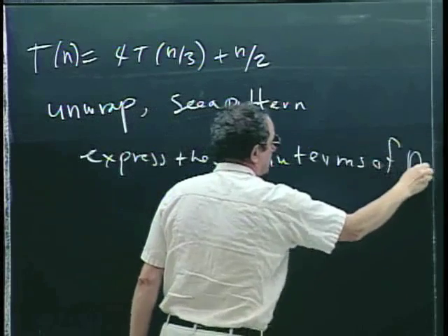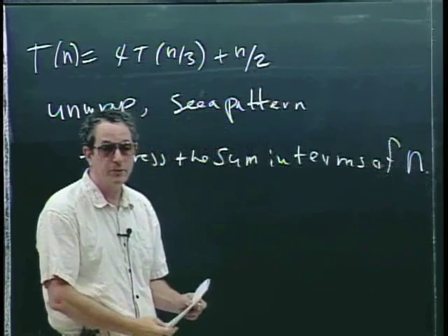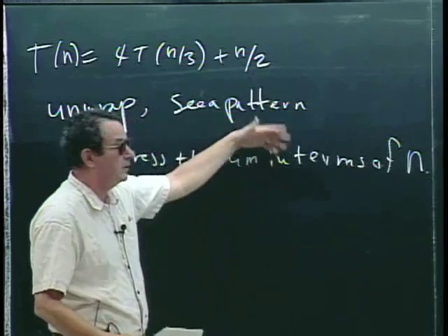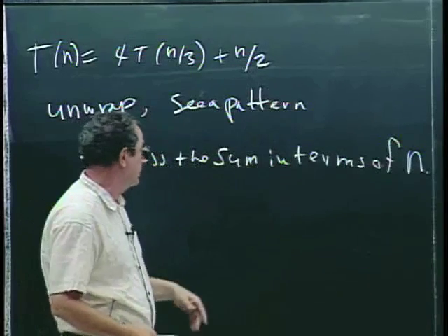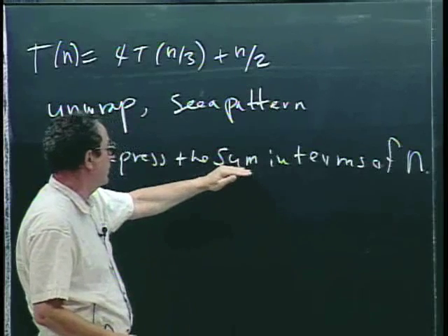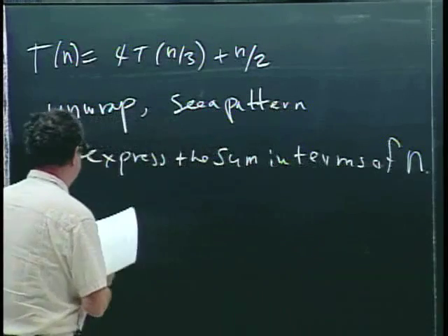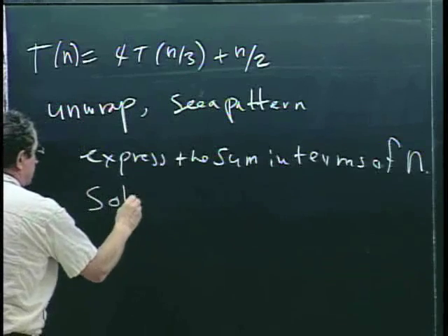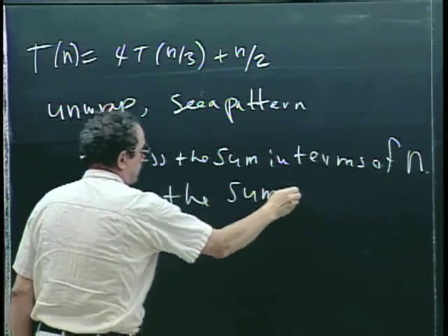So you don't just do it for n equals 27, but after you play with a particular example like 27, then you see what the pattern is, and you can at least express a sum in terms of n. So you've generalized. And then you solve the sum as a function of n.